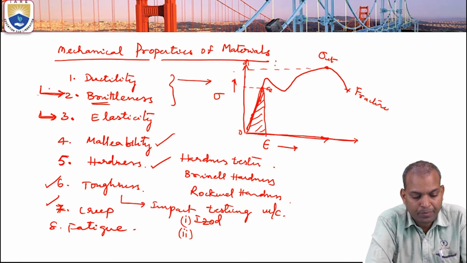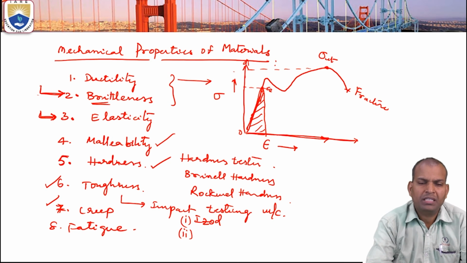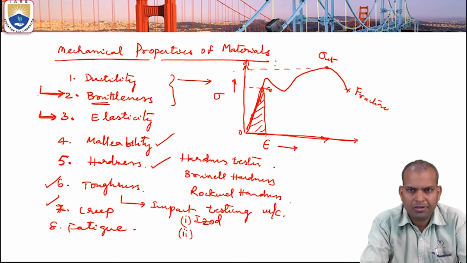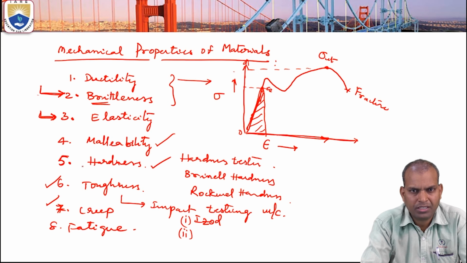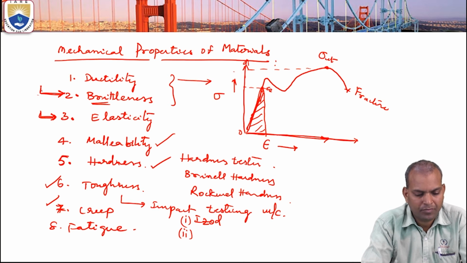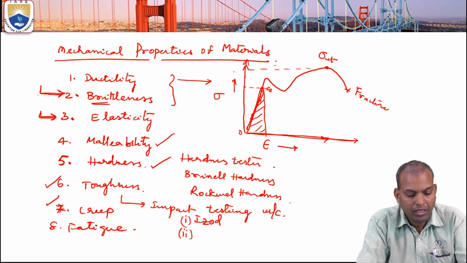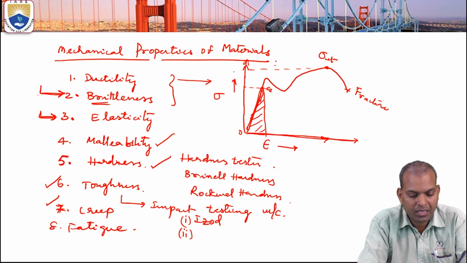The material properties are again ductility, brittleness, elasticity, malleability, hardness, toughness, creep, fatigue. Now, hardness can be studied experimentally by using hardness tests.